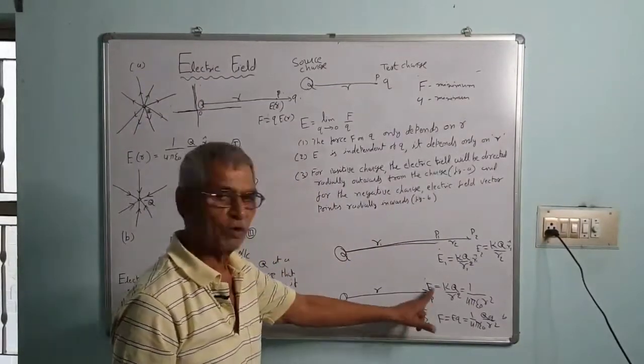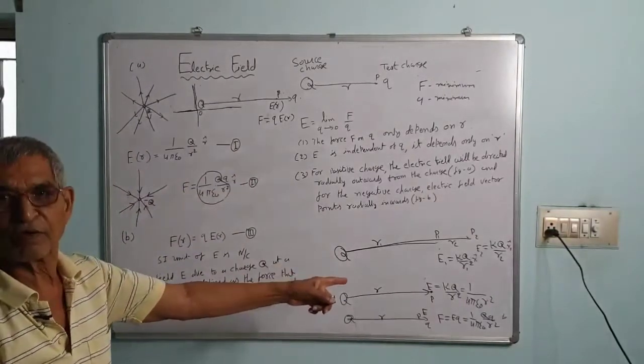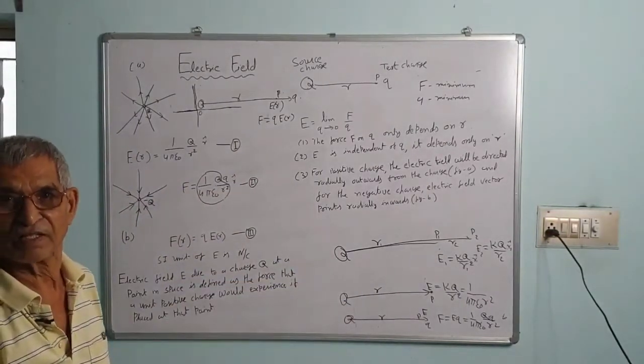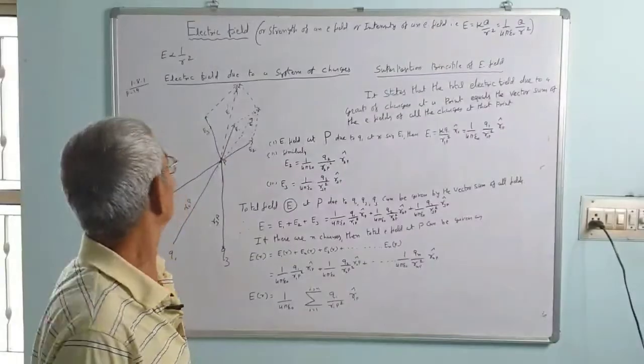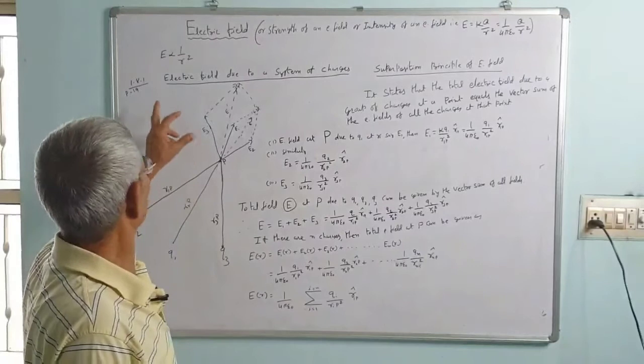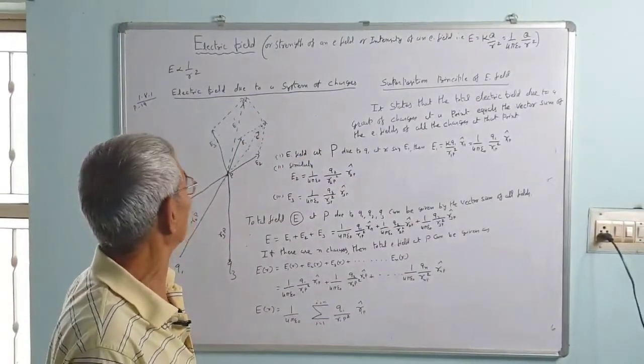So, you can calculate the force if you know the electric field at that point. This electric field varies as the square of the position vector. Now, let us see the electric field due to a system of charges, that is the superposition principle of electric field.